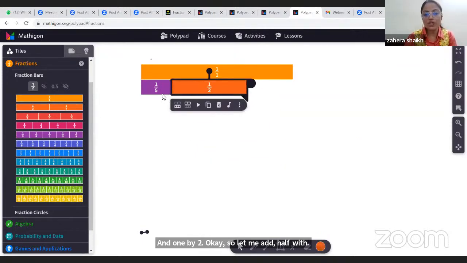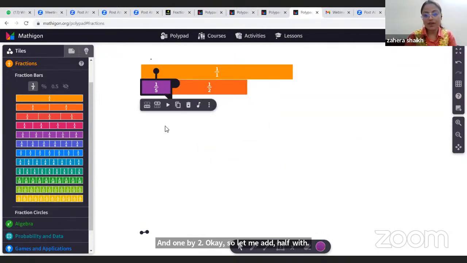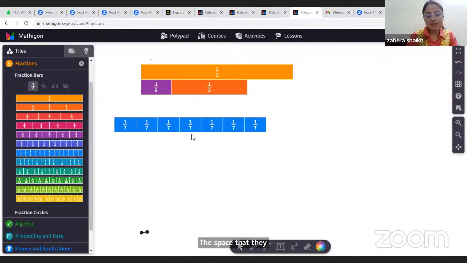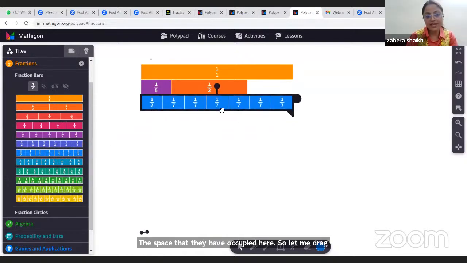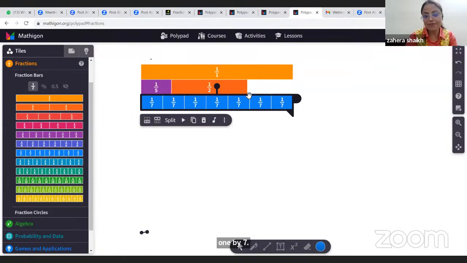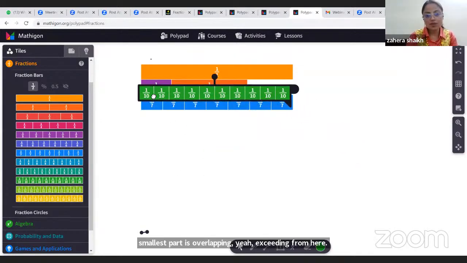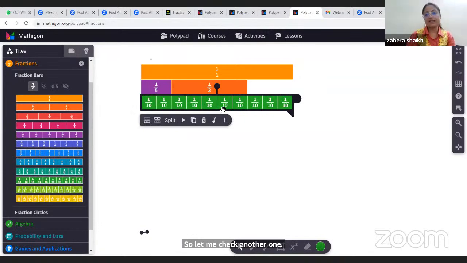Now let me check which tile can cover the space they have occupied here. Let me drag 1/7. Is it possible to get this place covered by 1/7? No, I can see the smallest part is exceeding from here. So let me check another one. If I place this, yes, the 1/10 tiles can cover this part.